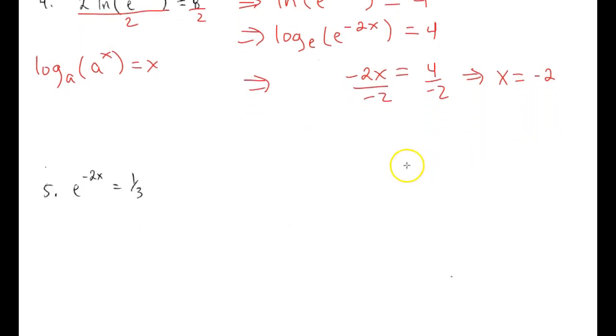Moving on to the next example, we see that we have e raised to the -2x equals 1/3. And so for this example, there's two primary ways we could do this. The first way that we could go about doing it is we can take the natural log of both sides.